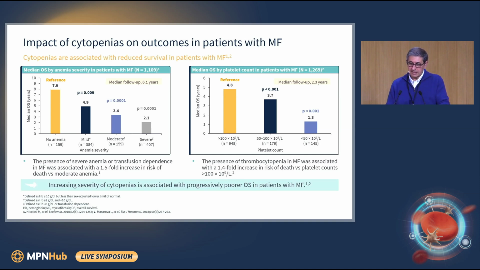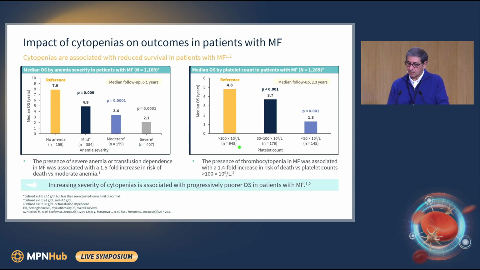And you can see on these slides the impact of cytopenia on major outcomes like median overall survival by anemia, and you see that the presence of severe anemia or transfusion dependence in MF is associated with a 1.4-fold increase in the risk of death compared to moderate or mild anemia.